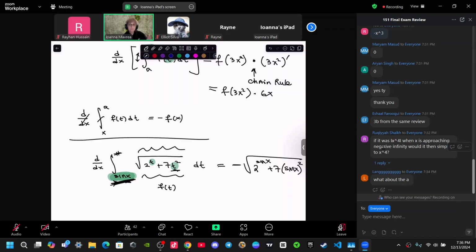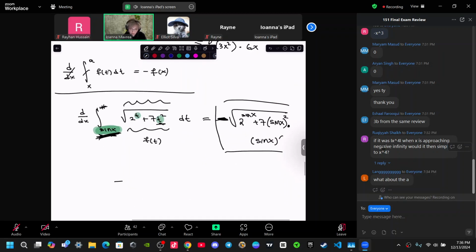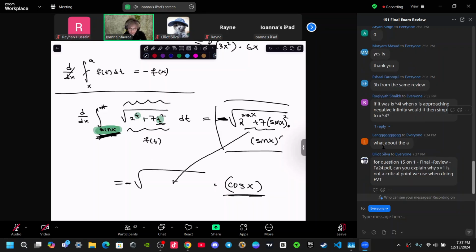And because, again, the sine x is on the bottom, I took care of that, I put a negative, but also it's not a plain x, it's something more. So I need to multiply that root by using the chain rule by the derivative of sine. So the answer should be negative root of that stuff times the derivative of sine, which is cosine of x. That is outside the root. Okay, and all this comes here.